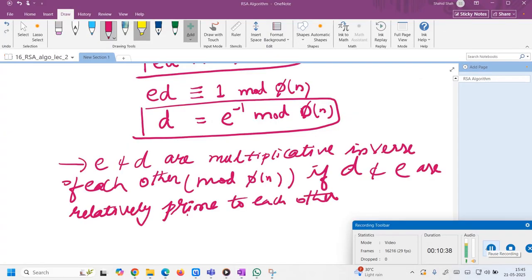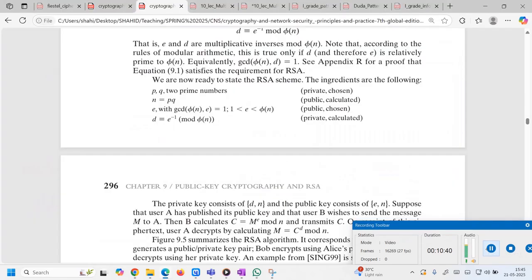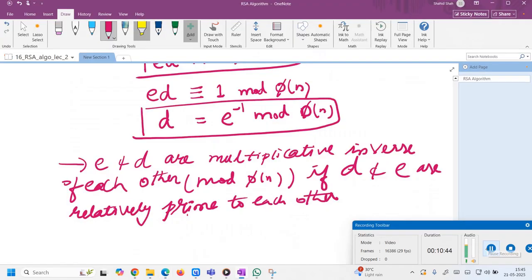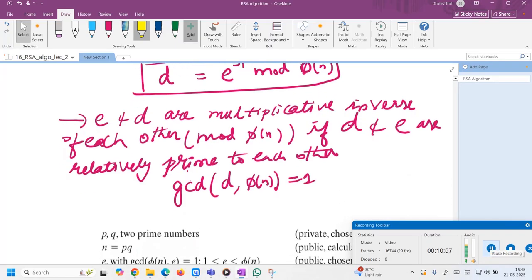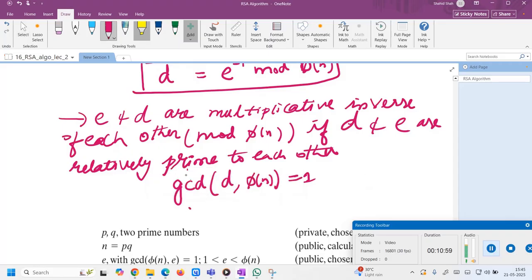And what does it mean in terms of greatest common divisor or GCD? From the definition of GCD, this means GCD of D and phi of N should be equal to 1. Since D and E are relatively prime, we can also say that GCD of E and phi of N should be equal to 1.